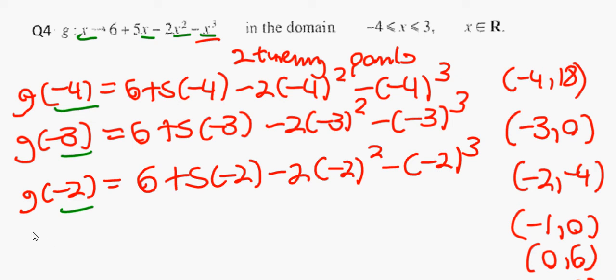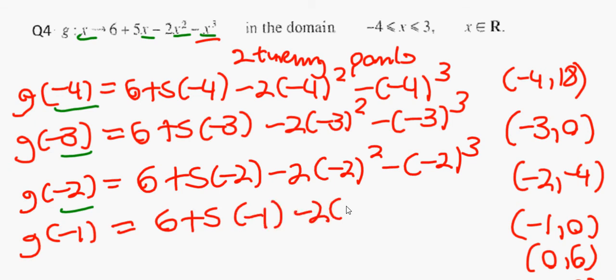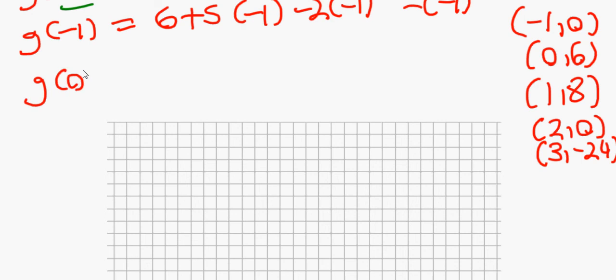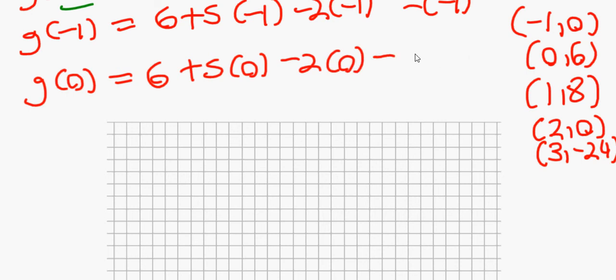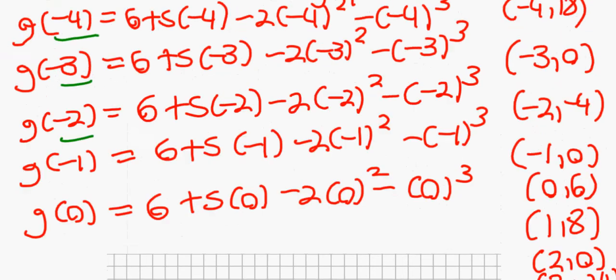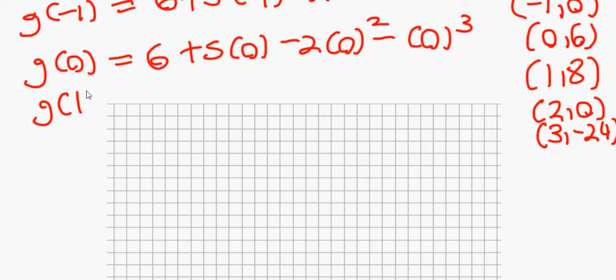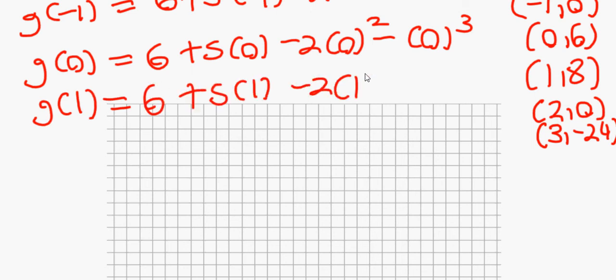Next one, G of minus 1: 6 plus 5 times minus 1 minus 2 bracket minus 1 squared minus bracket minus 1 cubed. Next one, G of 0 is 6 plus 5 times 0 minus 2 times 0 squared minus 0 cubed. Finally, G of 1: 6 plus 5 times 1 minus 2 times 1 squared minus 1 cubed.